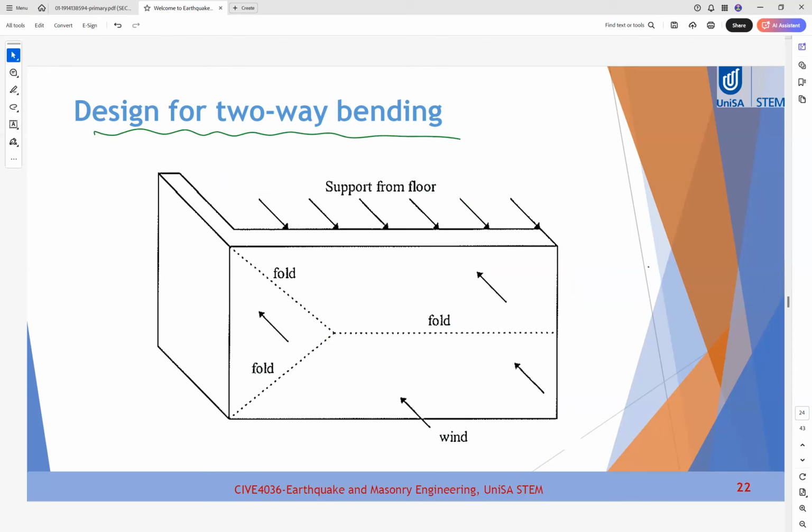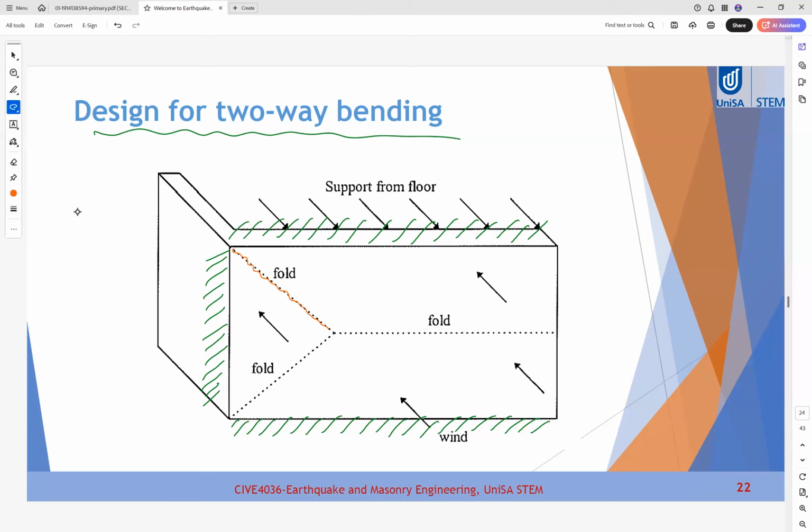If we have a line of support from the roof at the top, a line of support from the base, and a line of support from the left side, the crack pattern will be something like that.